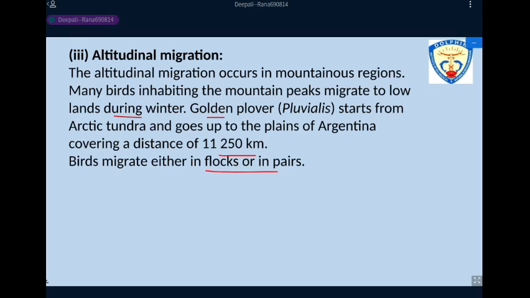Okay. So this video will show you the migration in flocks.